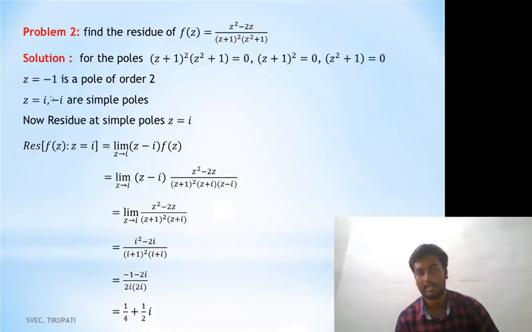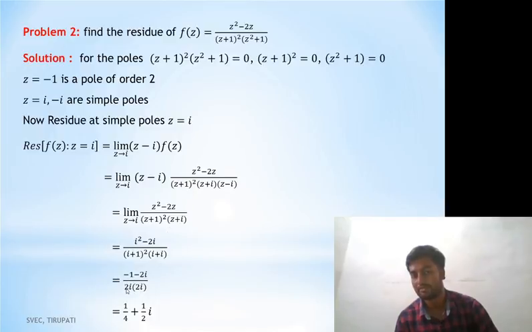Now since i and minus i are simple poles, the definition is easy: limit z tends to i, z minus i into f of z. So f of z is this, and you write z square plus 1 as two factors, z minus i into z plus i. Now z minus i gets cancelled. It is z square minus 2z by z plus 1 whole square into z plus i. Now we substitute i square is minus 1: minus 1 minus 2i, over i plus 1 whole square into i plus i, which is 2i, right?